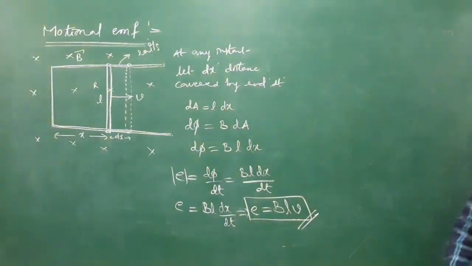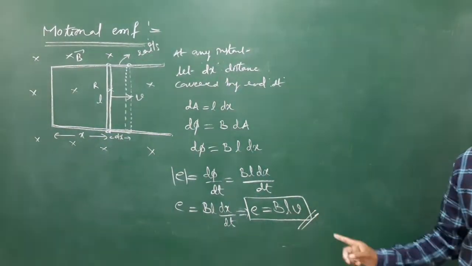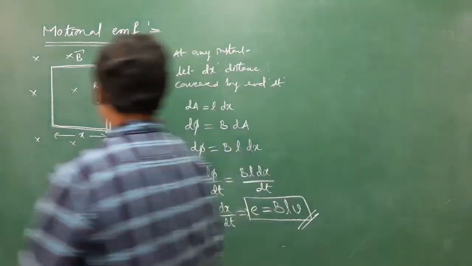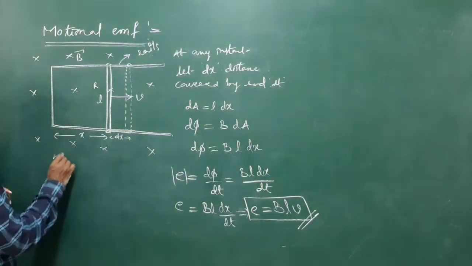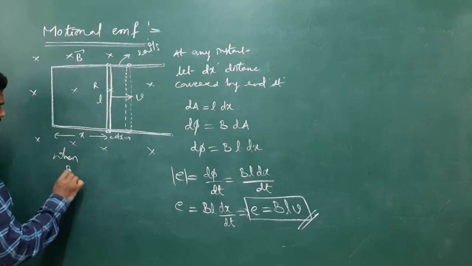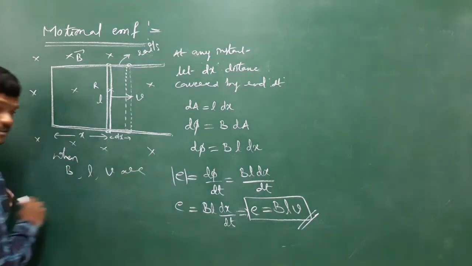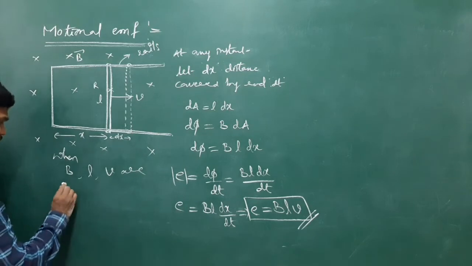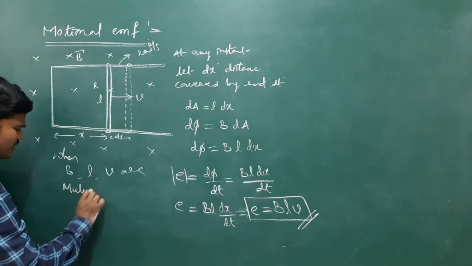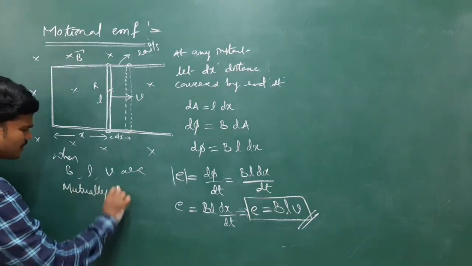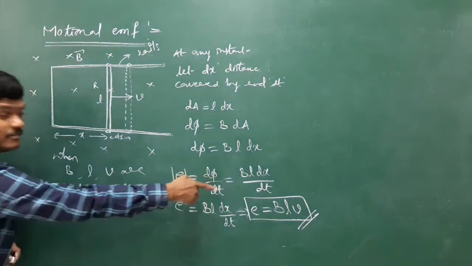So this is the general equation, BLV. The motional EMF is BLV we are getting, and BLV is possible when B and L and V are all mutually perpendicular, then only we will get this formula.